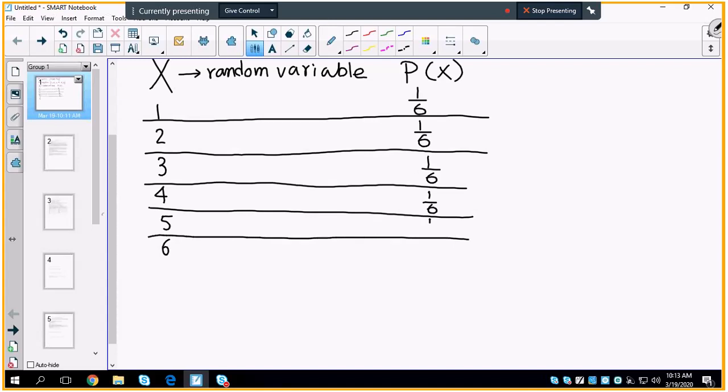This table, where you write the random variable on the left and the probability associated with it on the right, is called a probability distribution table. Our objective is to study how to create a probability distribution table.